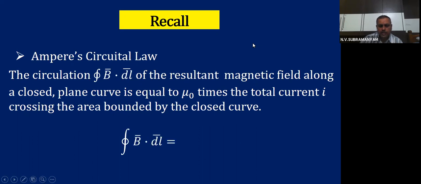Integral B dot dl is equal to mu 0 into I. Mu 0 is the permeability of free space. These are the things you have already learned earlier. Let us use them again in this webinar.